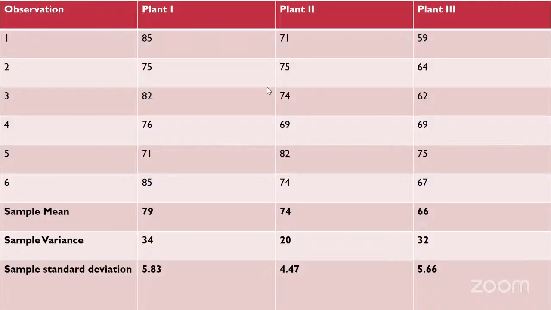For example, let's say you are in agriculture or manufacturing, then plant 1 is able to manufacture maybe 85 tons of whatever it is.